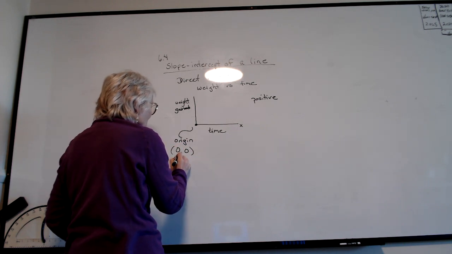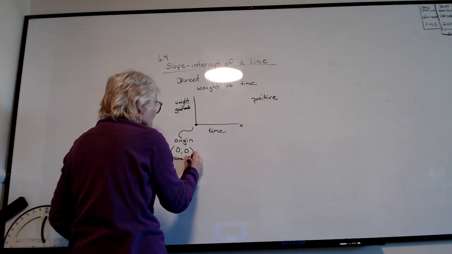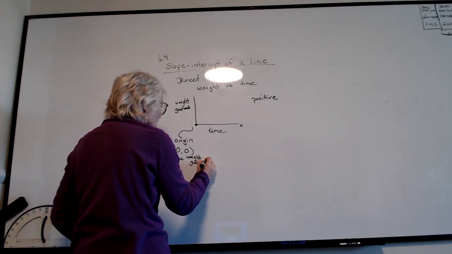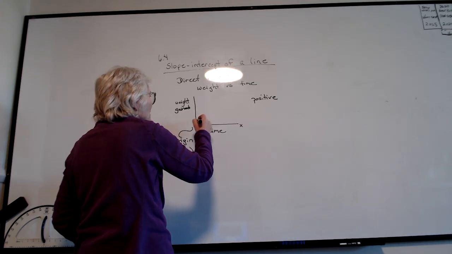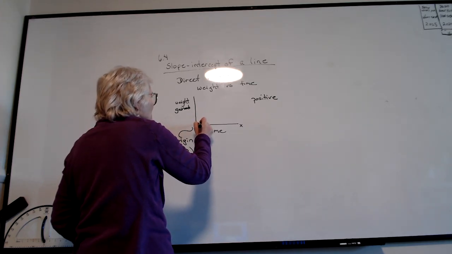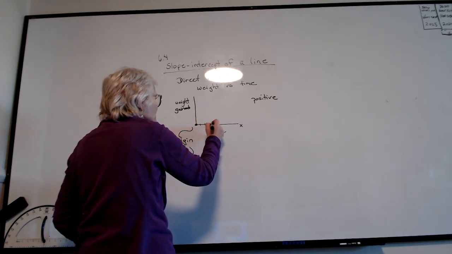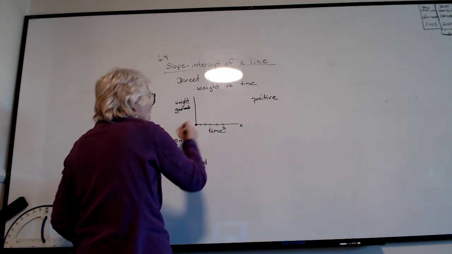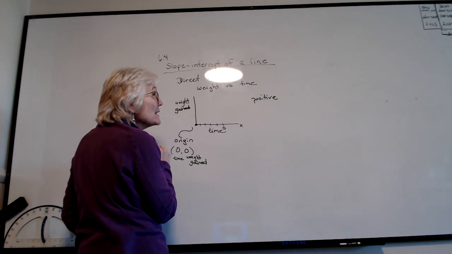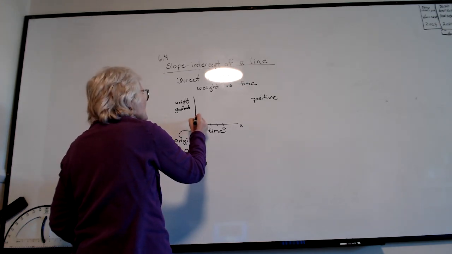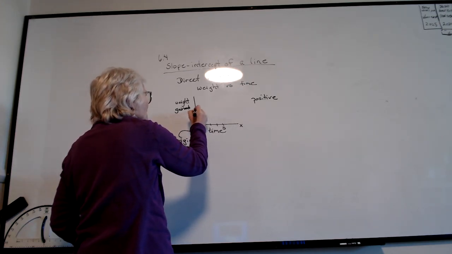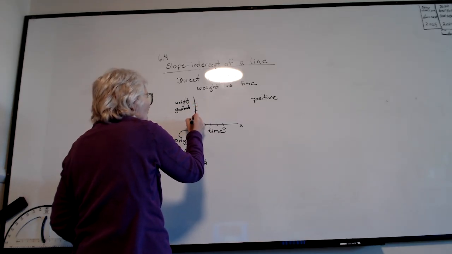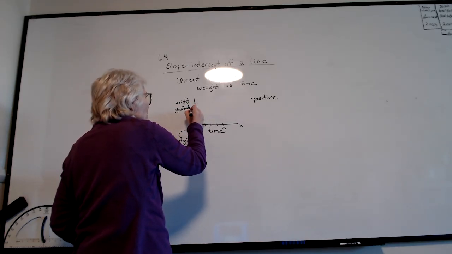So this is time, this is weight gained. Okay. And so let's say let's do these as weeks. That's 5 weeks. And I'm going to play really ignorant here, but let's say that we gain on average 8 ounces per week.